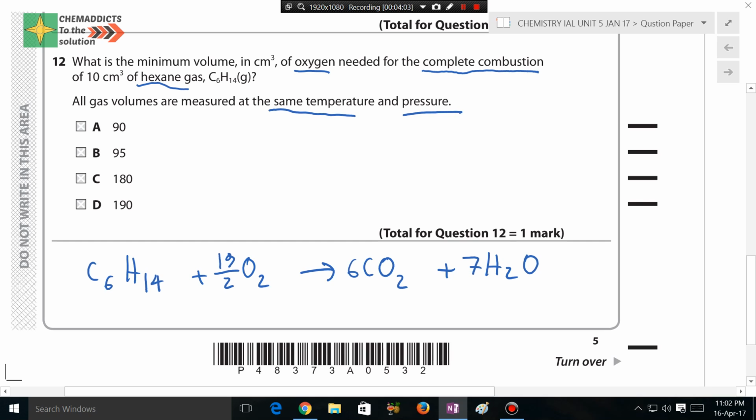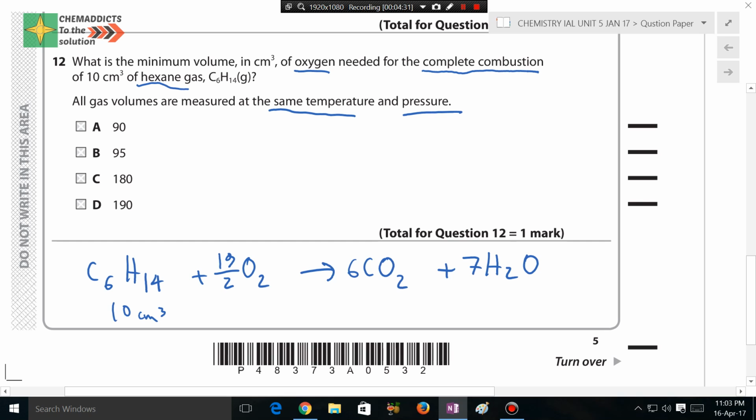Here we have 10 cm cube of hexane reacting with oxygen to give carbon dioxide and water. The mole ratio of hexane to oxygen is 1:19/2.